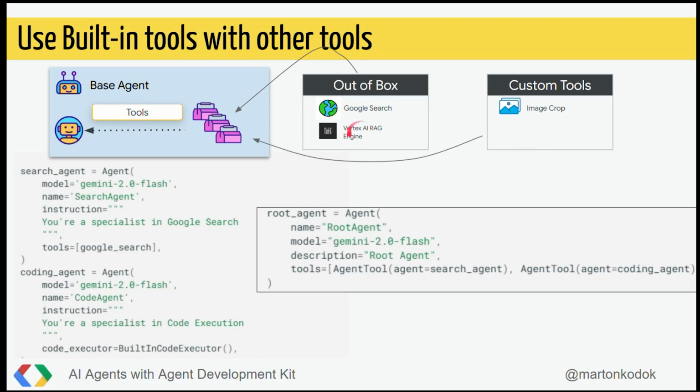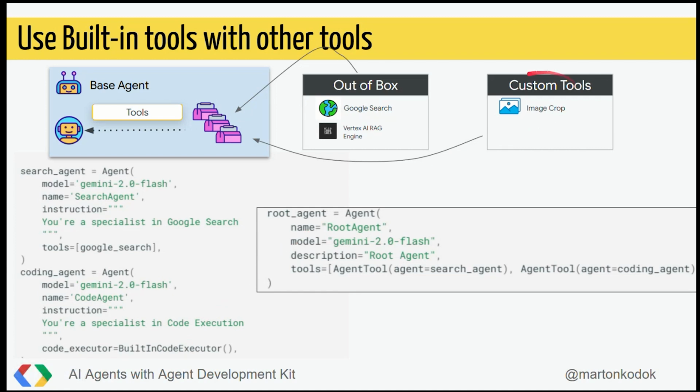You also have the Vertex AI RAG engine if you use the cloud itself. You have a built-in code executor if you have a small piece of code that you want to run, but this is static code, without access to services and so on. It's much quicker for calculations, or if you have formulas you don't want to express in the prompt, you put them in the built-in code executor, and it's much faster and safer to deliver an application like that.